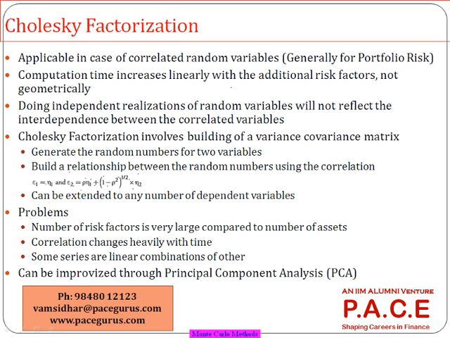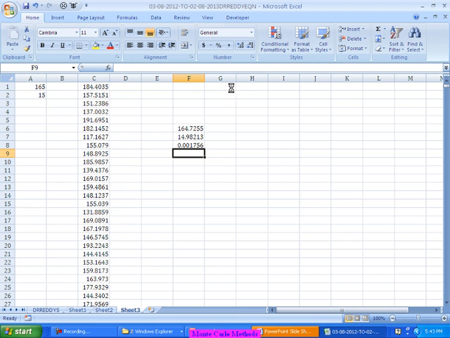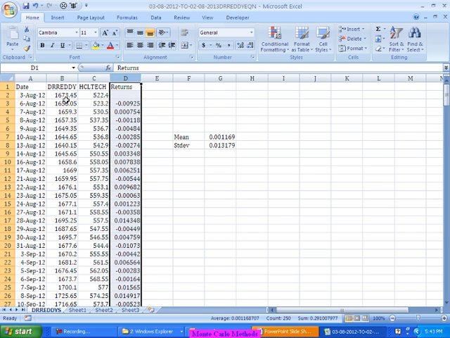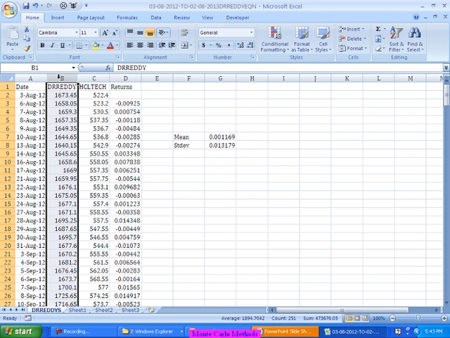This is another important aspect, especially when we are doing it for a portfolio. I was talking about correlation. If there is a correlation between two securities, and I want to create a portfolio using these two, I can do a price path separately for each.